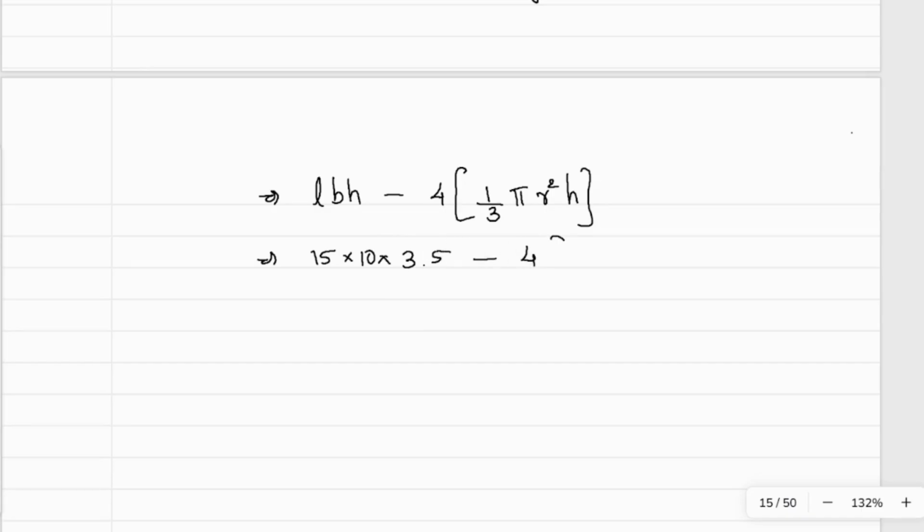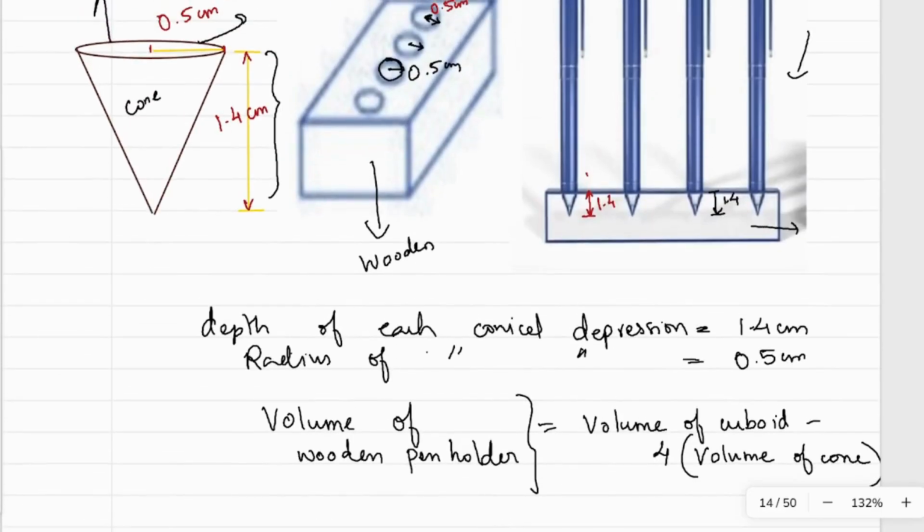From there you will have to reduce the volume of a cone. That is 1 by 3 into pi, which is 22 by 7, into r square. This region is for the volume of the cone, right? So this r is the radius of this region.